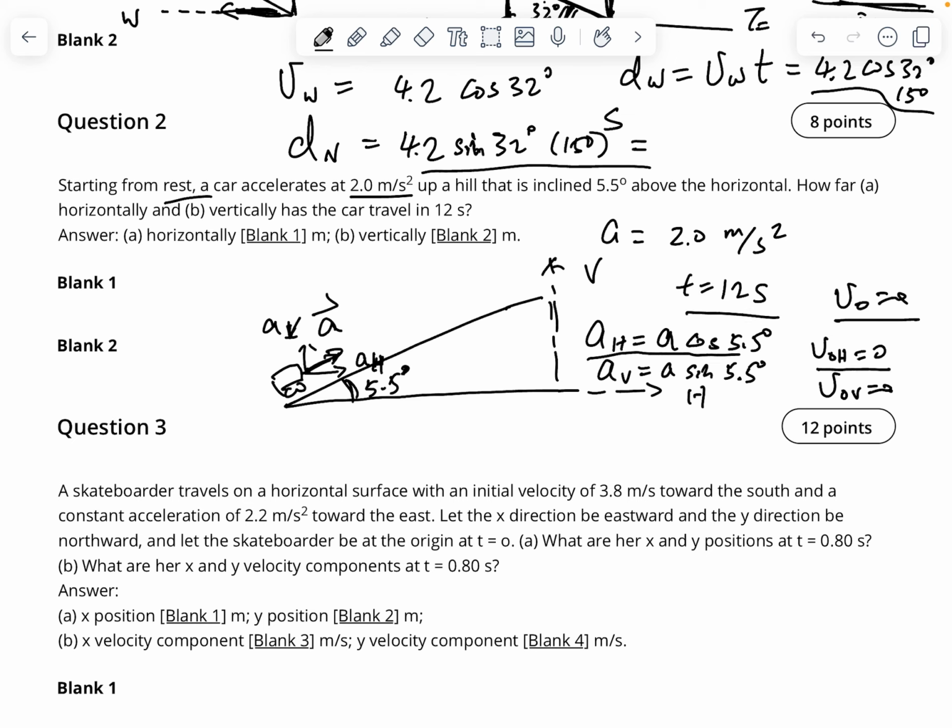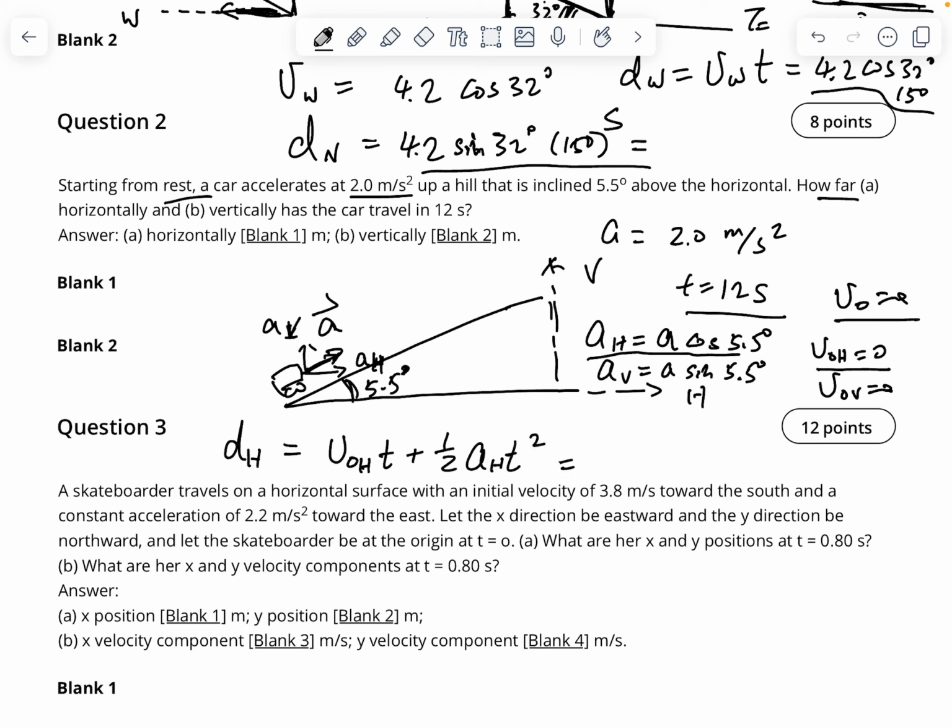In horizontal motion, initial velocity is 0, acceleration is this, and they give you the time. So d horizontal, how far, is basically displacement: v naught h t plus 1 half a_h t squared.